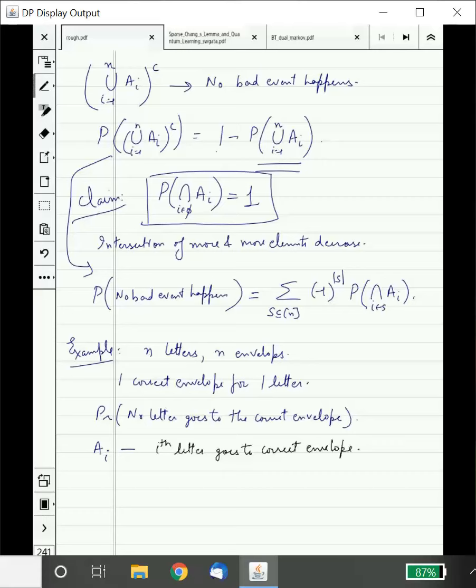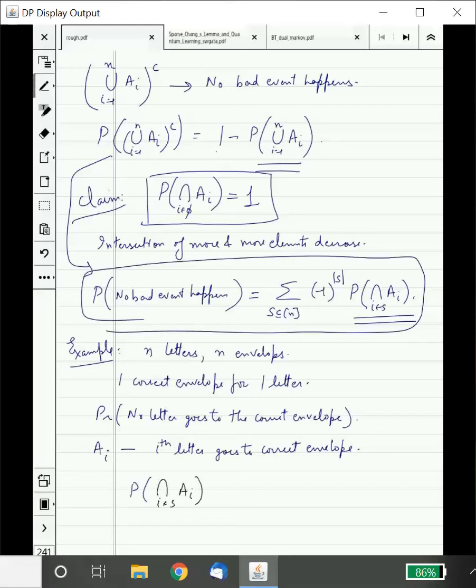Now to apply this formula, we need to figure out the probability of the intersection over S. If you notice, this means that not exactly, but at least this many letters go to their correct positions. So that means these letters go to their correct positions, and the remaining ones I can permute independently. And then the total number of permutations is n factorial.